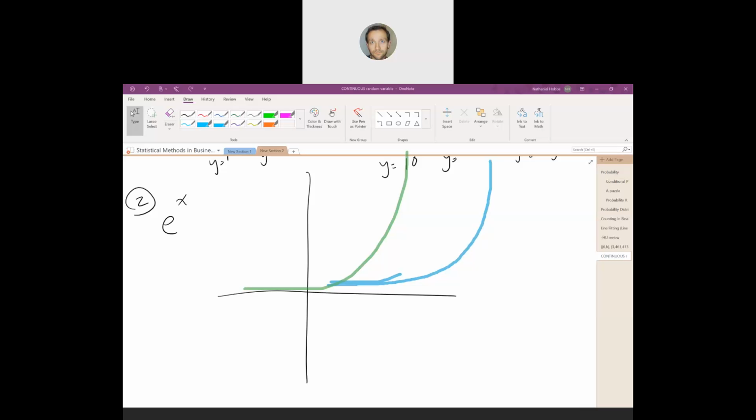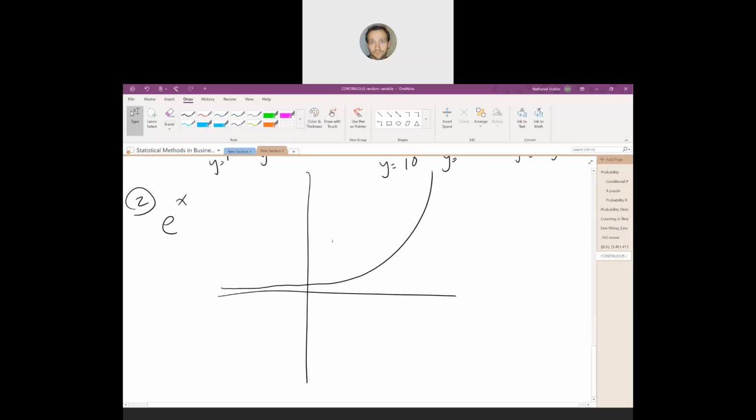Perfect. Excellent. Let me turn off the annotation and I'll redraw it. So e to the x looks like this, right?